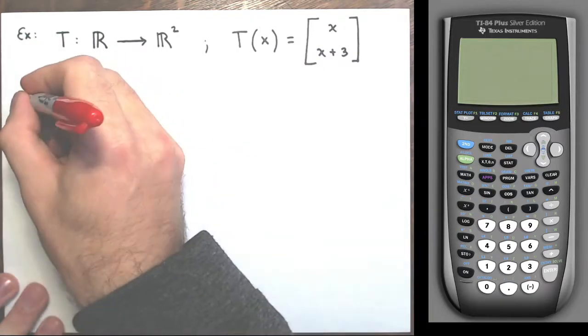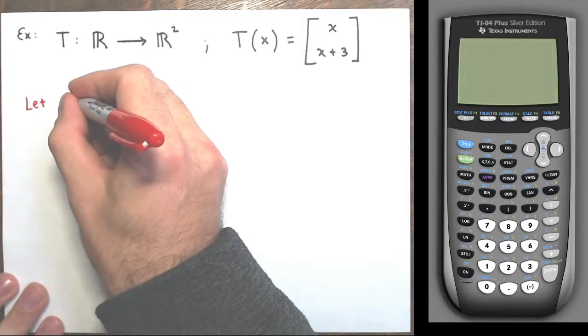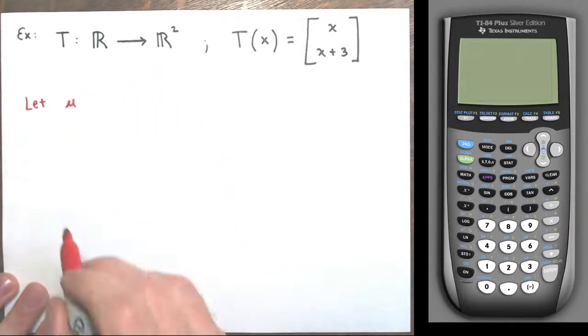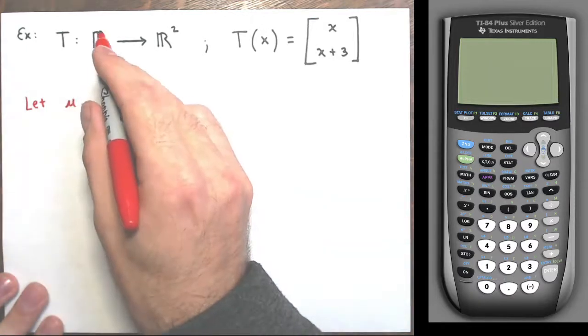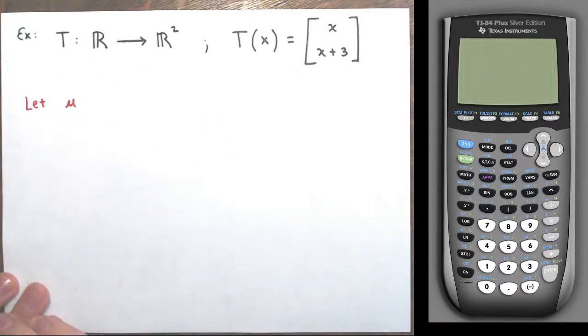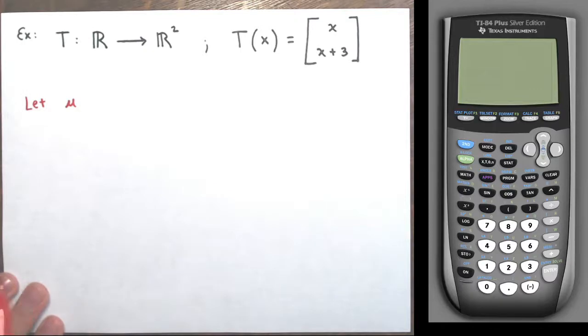So I'm going to let u, and again I'm not going to put the vector notation up here. When it's just R1, you really don't need vector notation. A vector with one component is just a real number, just a number.